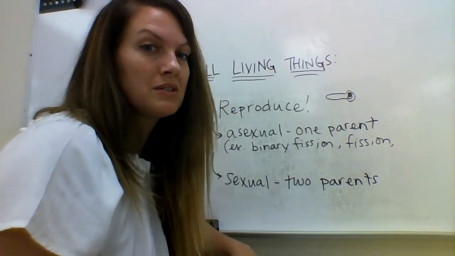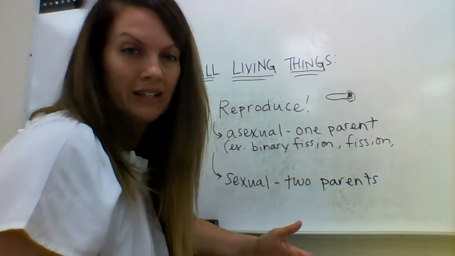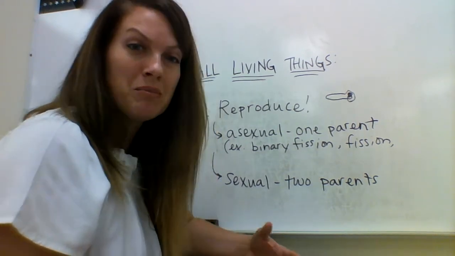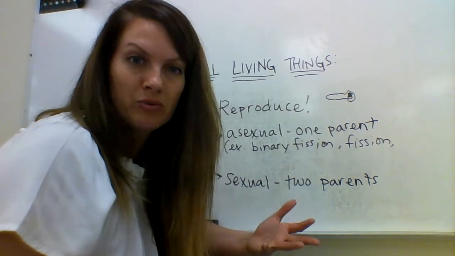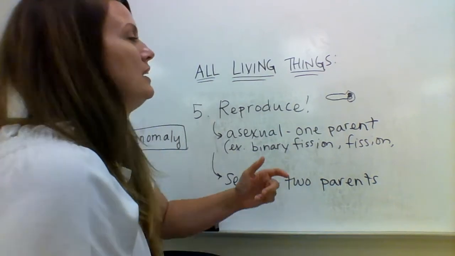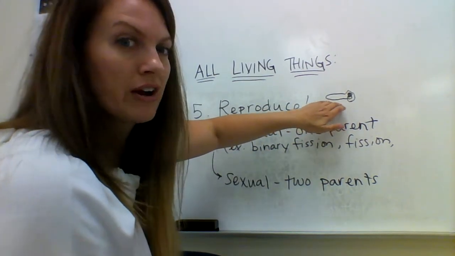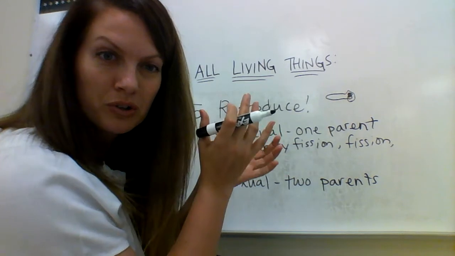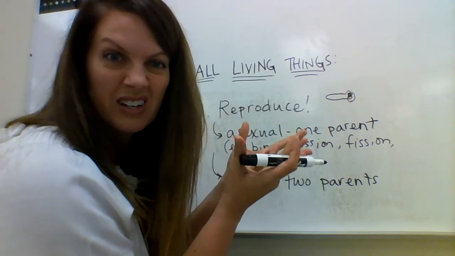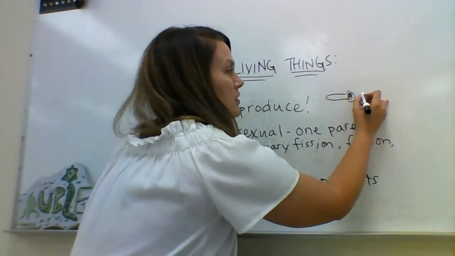But sometimes when the environment is stressful, like they live in ponds, sometimes it's cold, they can't find a mate, they're really stressed out, they need to reproduce, the winter is coming. What they'll do is they'll undergo fragmentation. So they alter the turgor pressure in their cells to essentially explode.